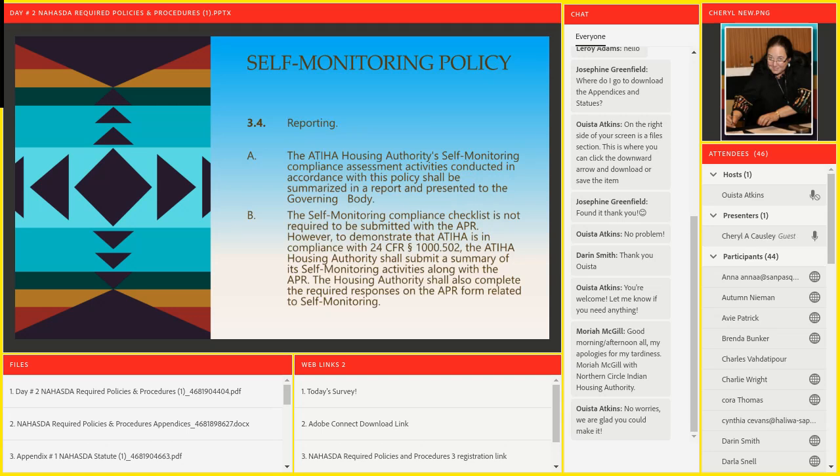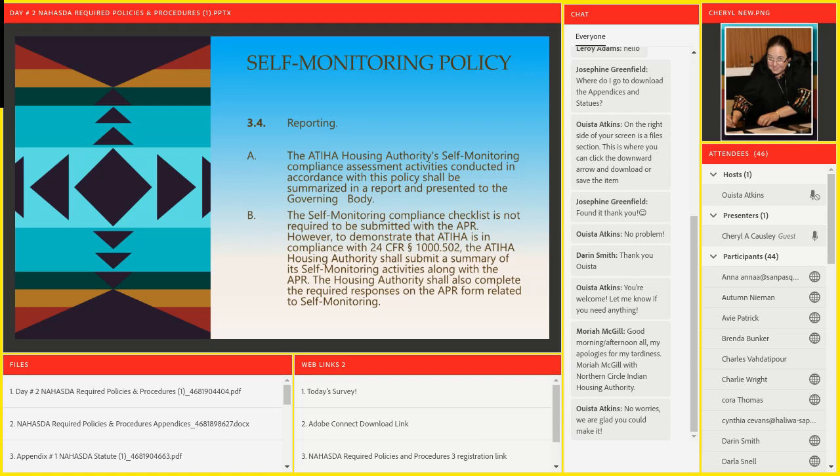Reporting. The Housing Authority's self-monitoring compliance assessment activities conducted in accordance with this policy shall be summarized in a report and presented to the governing body.